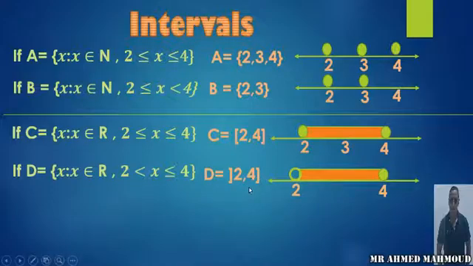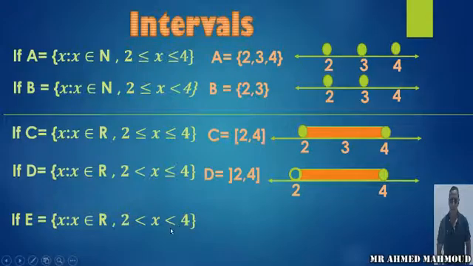Okay, let's take another example. If we have a new set called E, such that E included x such that x belongs to R, and x is greater than 2 and not equal, smaller than 4 and not equal. That means x here is all the numbers between 2 and 4 without 2 or 4.